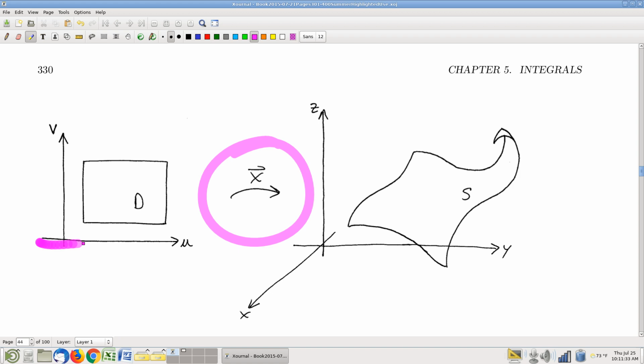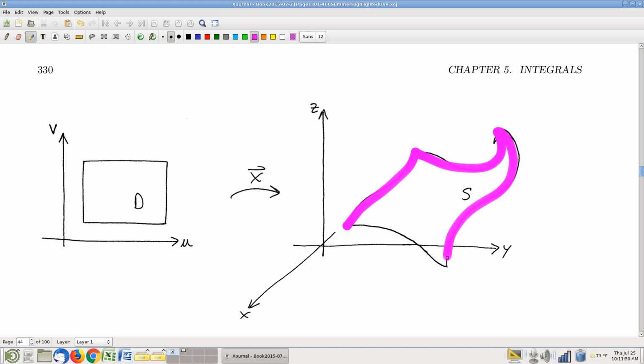There's two input parameters. These give position in space as functions of u and v, not just t. But nevertheless, we have talked about parameterizing surfaces, which makes the surface an image.